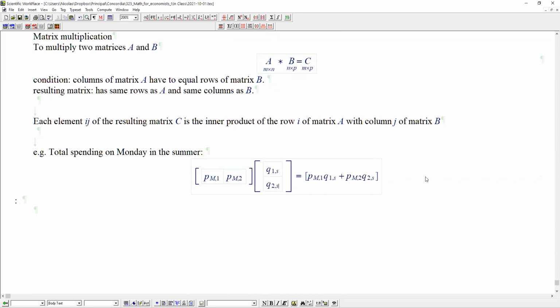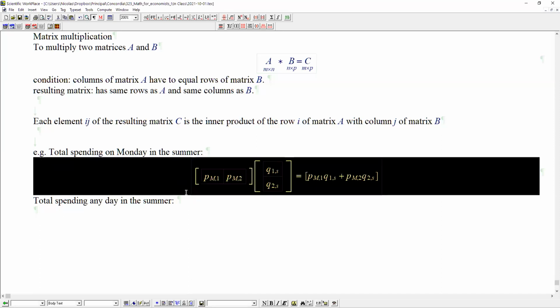But then I can say, actually, I'm interested in not only Monday, but every day of the week. So what I can do is total spending any day in the summer. I just stack these prices below the first row.